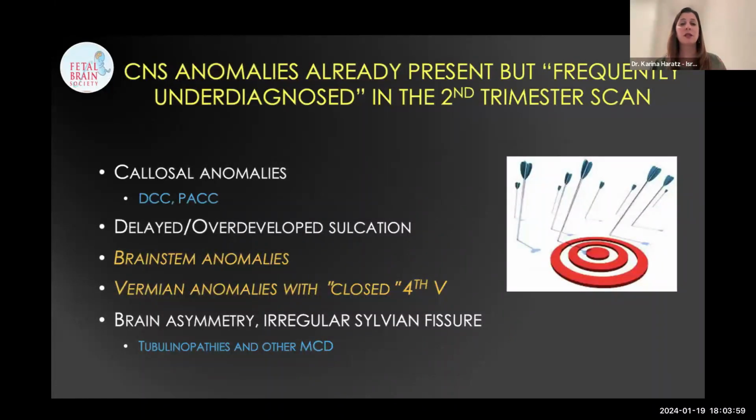So the reason that we diagnose infratentorial abnormality later on in pregnancy can be many, but mainly either it was present but not seen, such as callosal abnormalities, malformations of cortical development, brainstem abnormalities, vermian abnormalities with closed fourth ventricle, and other components of abnormal axonal guidance or cortical development.